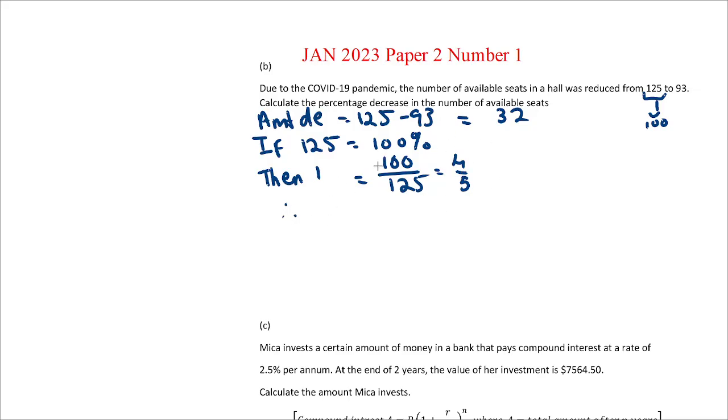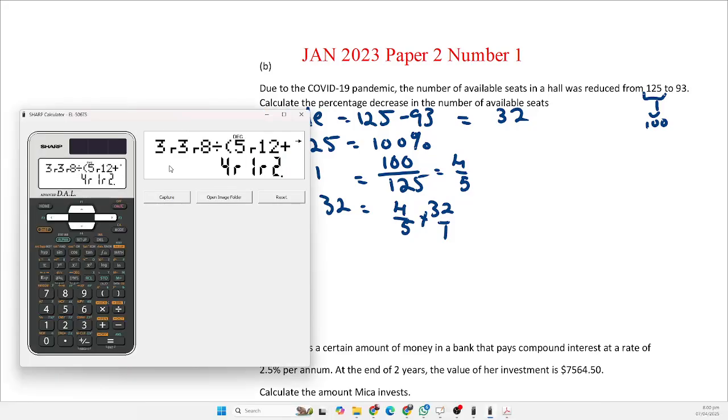Therefore, we want to find out for 32, which is equal to 4 over 5 multiplied by 32 over 1. Use a calculator. 4 over 5 multiplied by 32 is equal to 25 and 3/5.